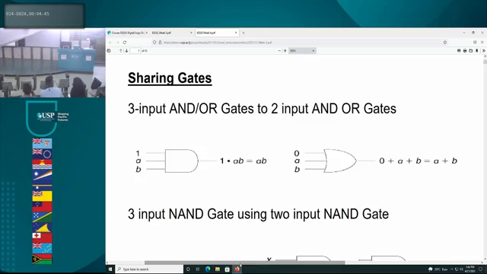Let's say you go to a shop and say, in my design, I need a 2-input AND gate. And the shopkeeper says, sorry, we don't have 2-input, we've got 3. So you should know the technique of converting 3-input into 2-input.